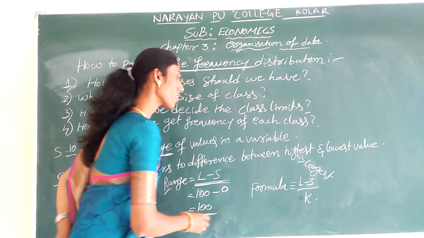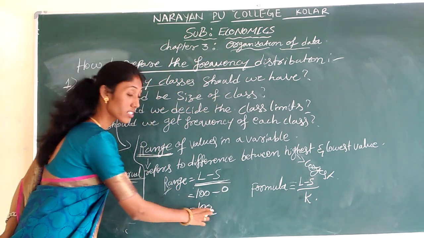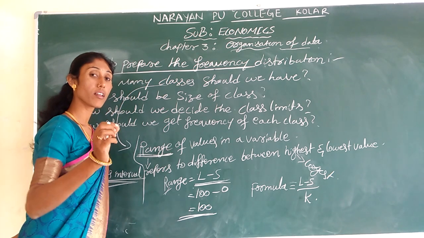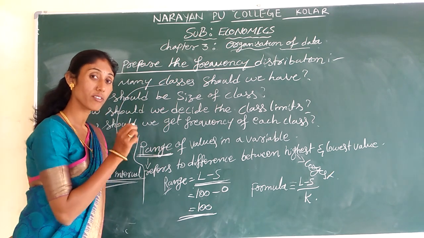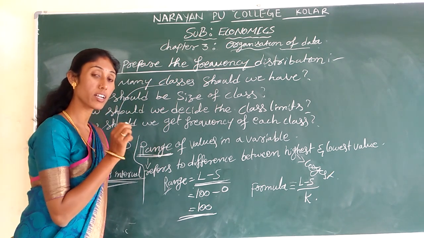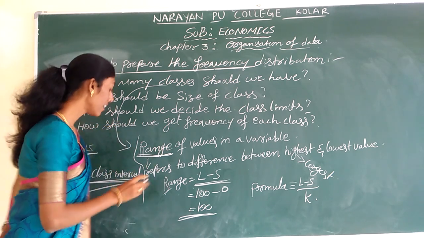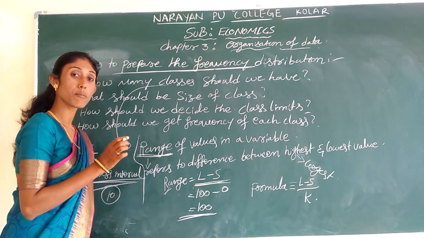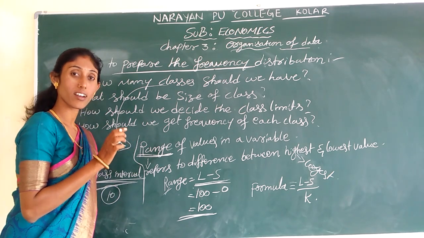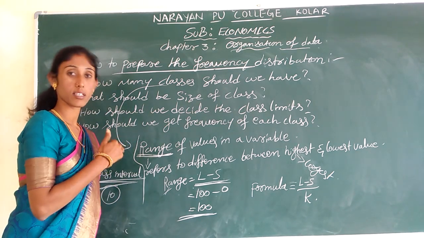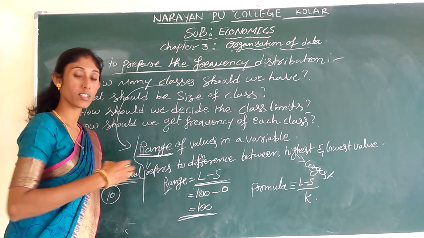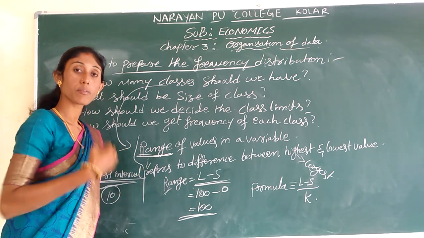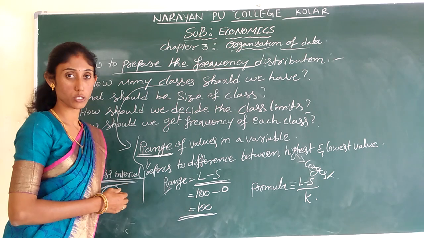Now we have a range of 100. For example, we will decide the class interval as 10, because 10 is a reasonable difference between upper class limit and lower class limit for a clear presentation of a frequency distribution.